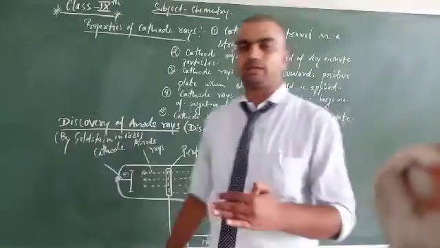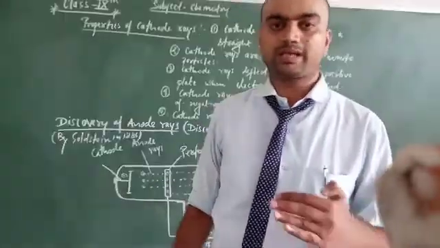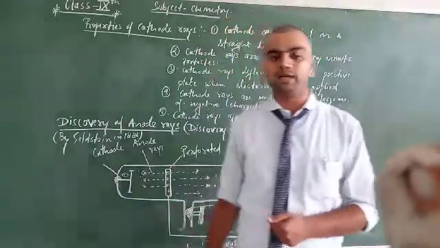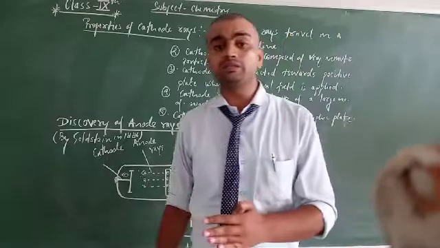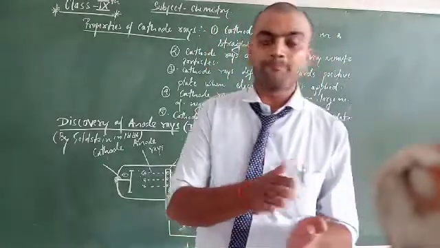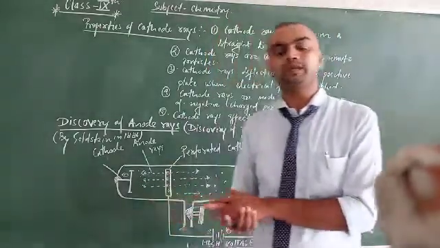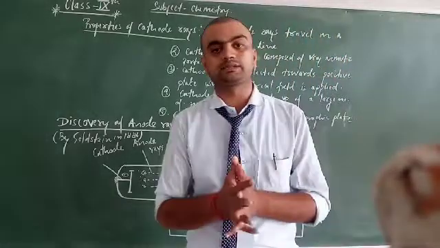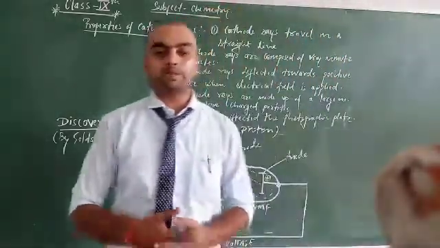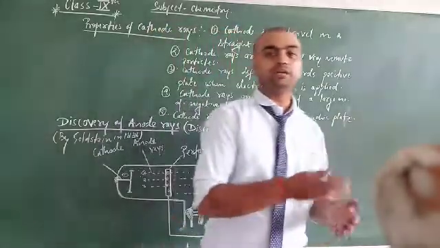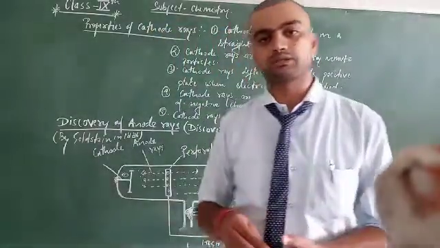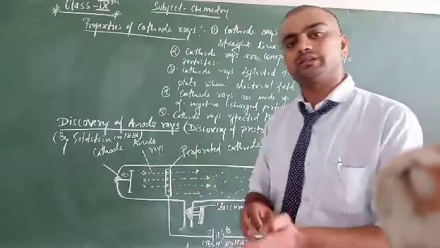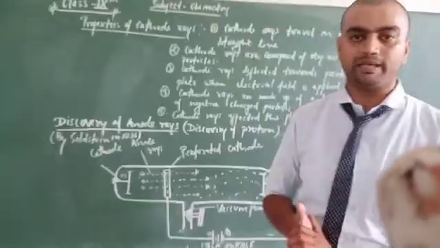When the cathode rays are placed under the influence of the electric field, they are always deflected towards the positive plate. What do you mean here? It clearly indicates that the cathode rays are made up of negatively charged particles. Clear? So that's why they are always deflected towards the positive plate.